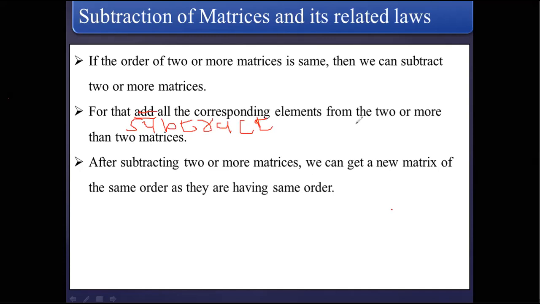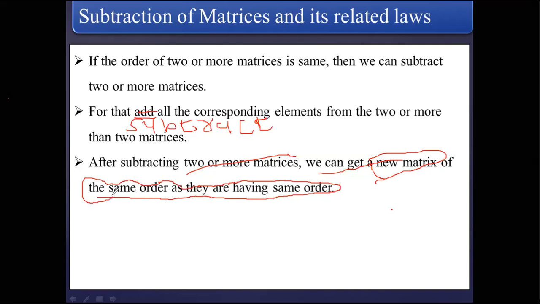After subtracting two or more matrices, we get a new matrix. Again, it should be the same order, and the order of the new matrix is the same as matrix A and matrix B. Okay, so now let us see this with a practical question.